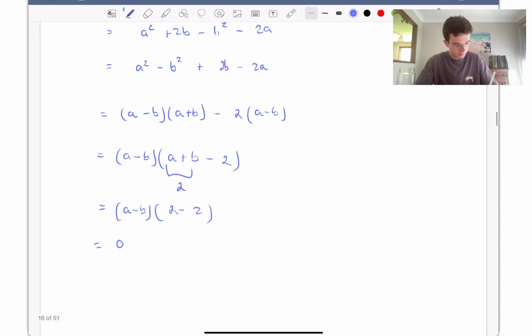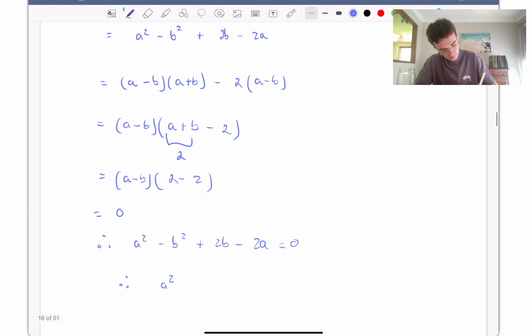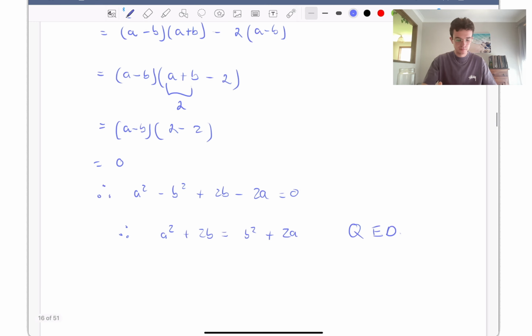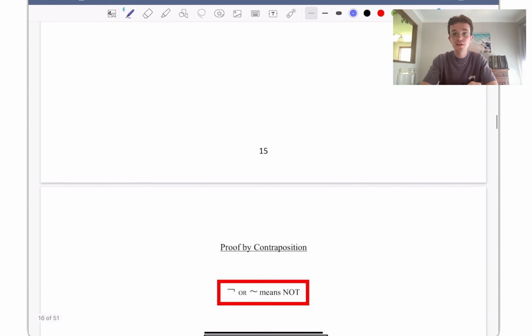Therefore, a squared minus b squared plus 2b minus 2a is equal to 0, so a squared plus 2b is equal to b squared plus 2a, which is what we were asked to prove. Alright, thanks for listening. That is simple proofs involving numbers.